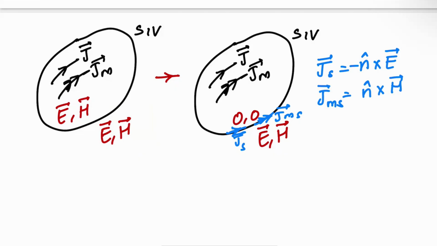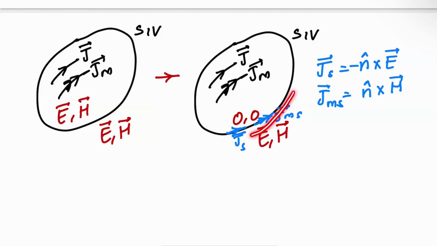So another way to say this is that by placing these surface currents, I can force the fields inside to go to 0 and the fields outside to be the same. The tangential fields outside are the same, that's what the boundary condition is about.